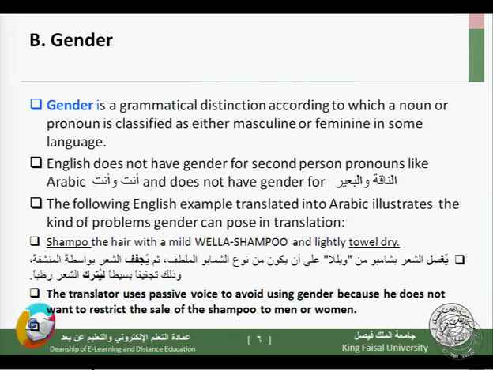We want to sell shampoo to men and women. Do you understand? So you need to look at gender this way. It's a very tricky problem. All right? This is just a brief example. The translator uses passive voice to avoid using gender because he doesn't want to restrict the sale of the shampoo to men or women. Okay?